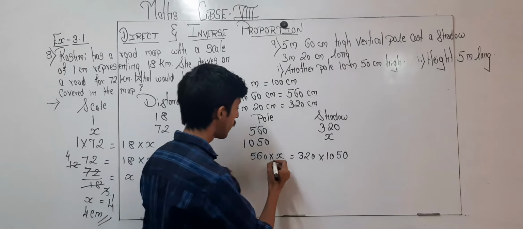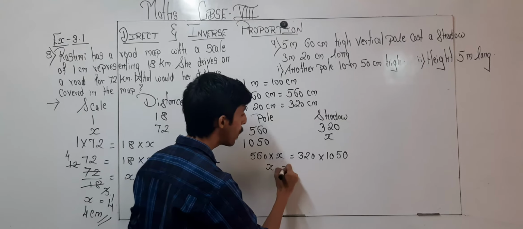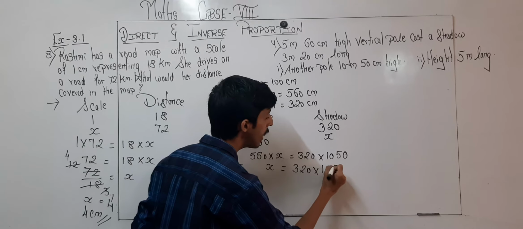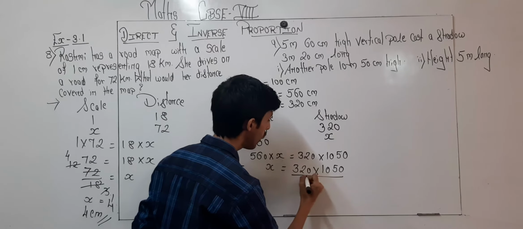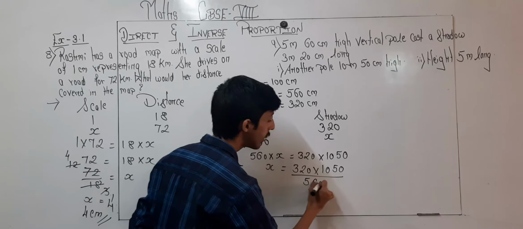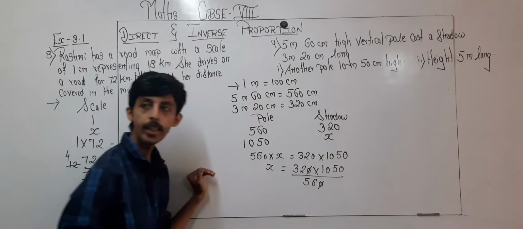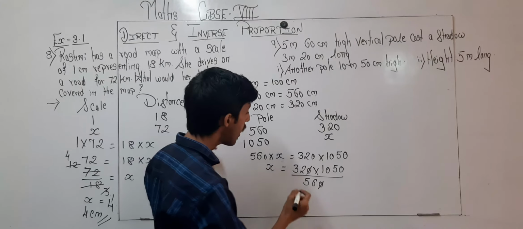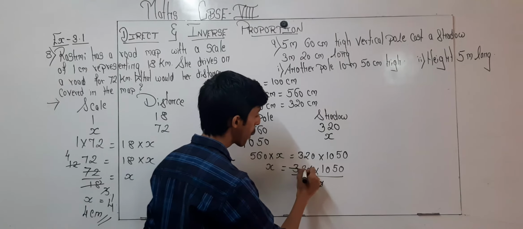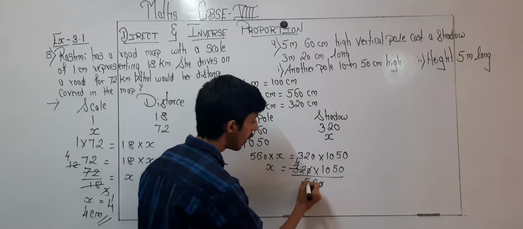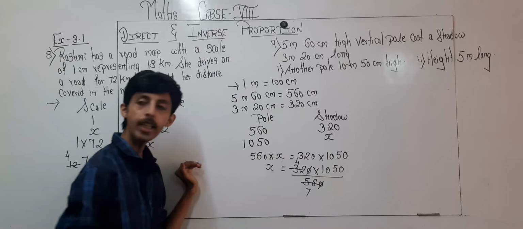So x is equal to 320 into 1050 upon 560. Now over here this 0 is cancelled. 8 4s are 32, 8 7s are 56.